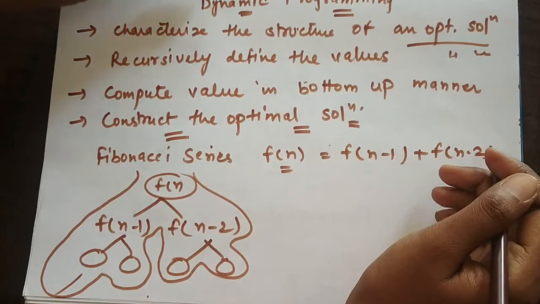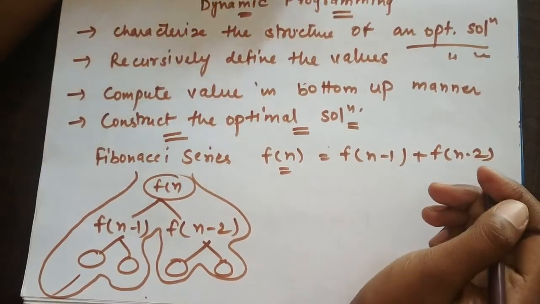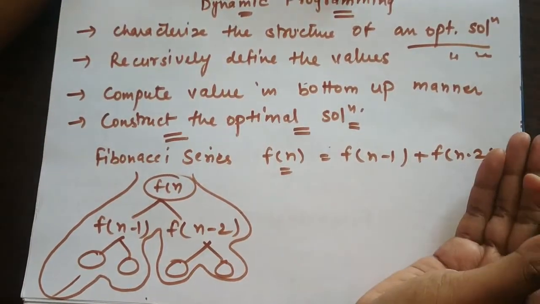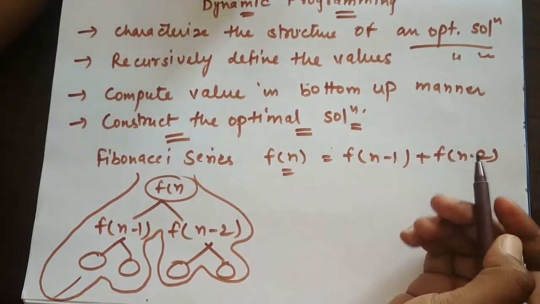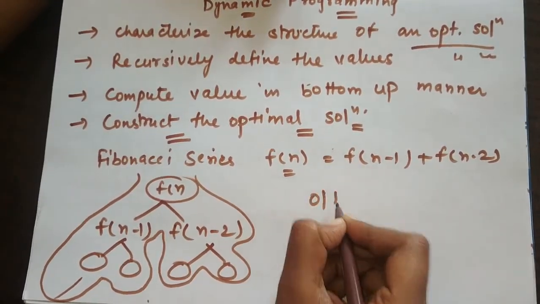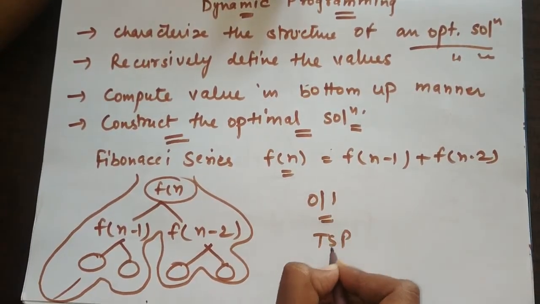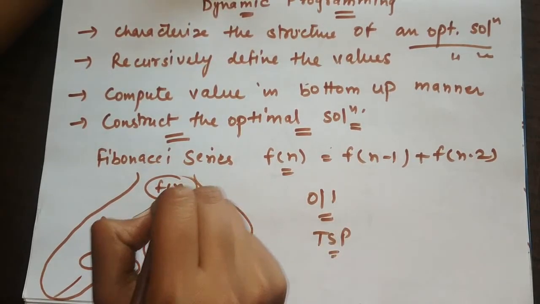After calculating and merging this, we have to construct our optimal solution. So these are the basic 4 steps for a dynamic programming problem solution. We will see further problems like the 0-1 knapsack and the TSP using the dynamic programming method.